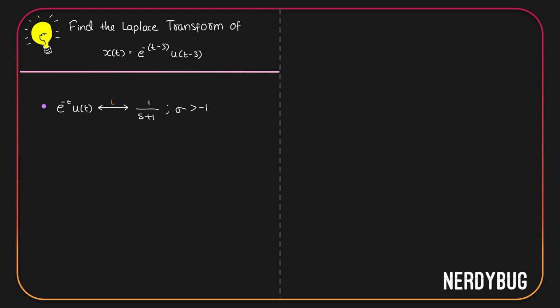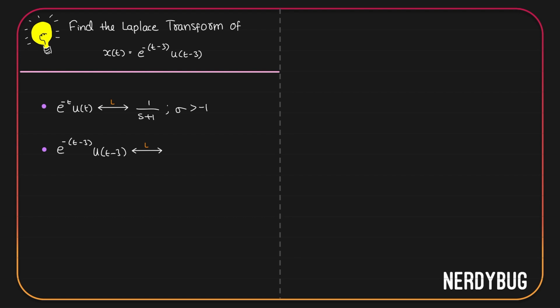What we have over here is simply a time shifted version of e raised to minus t u of t, so we can apply the time shifting property. So Laplace transform of e raised to minus (t minus 3) u of (t minus 3) is going to be e raised to minus s t naught multiplied by the original Laplace transform.